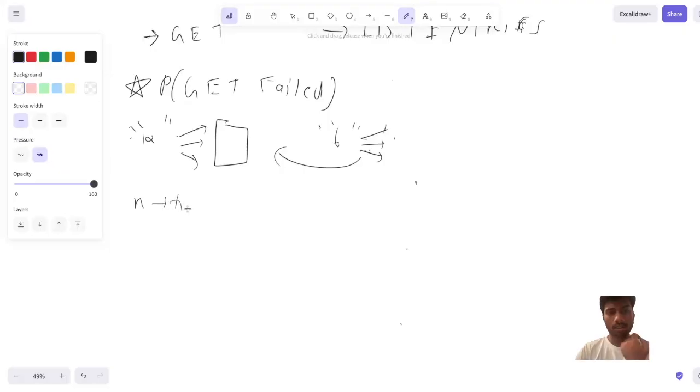N being the total number of keys that are to be hashed, among which A is also there. So after A is inserted, we have n minus 1 keys. M being the number of cells, each cell of the IBLT having a count and the key sum.